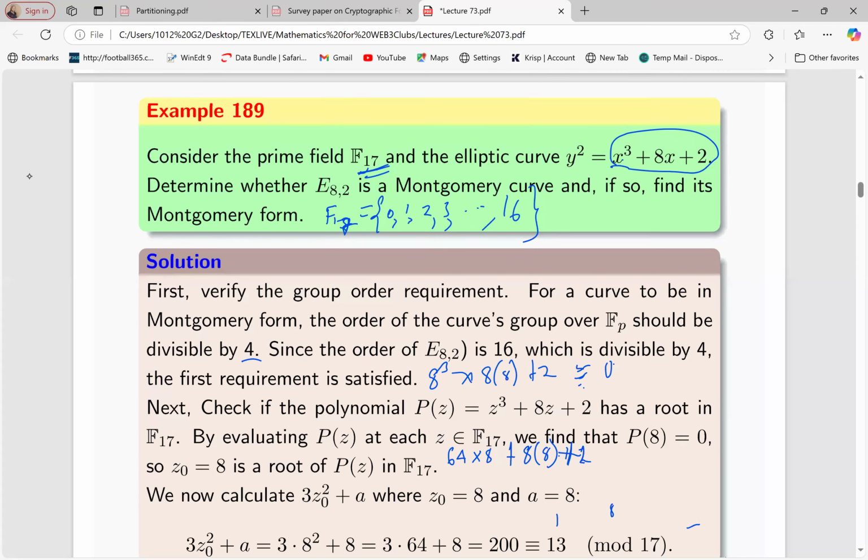Just reducing that, remember we are doing it mod 17. 64 divided by 17 goes there 3 times, and the remainder is 13.